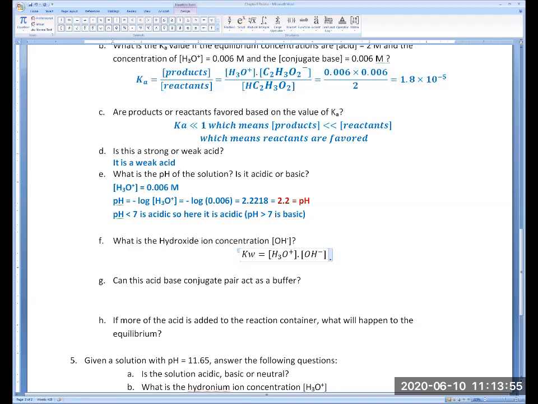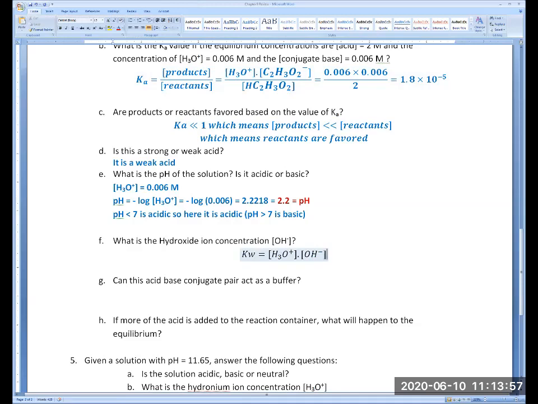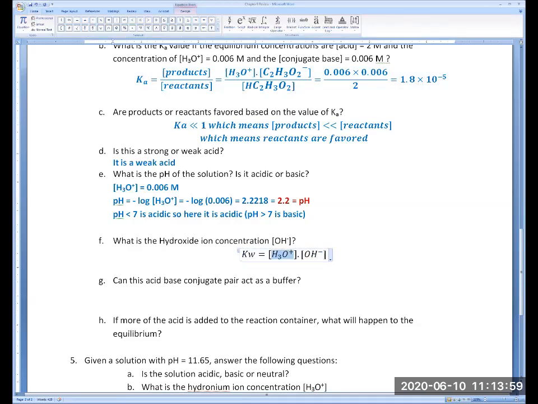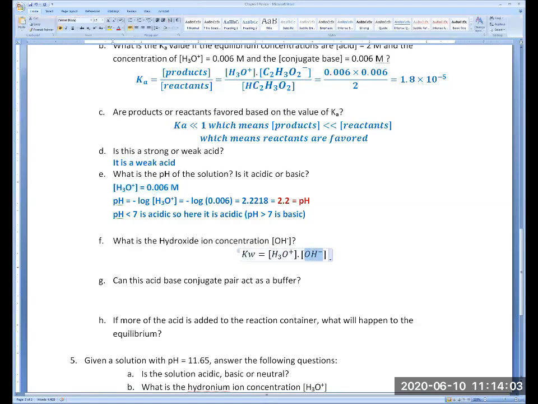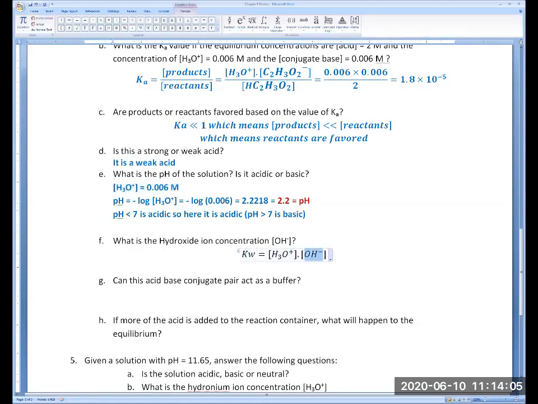But here we know H3O plus, we have it above, and we are looking for OH minus. So we need to change this formula such that the concentration of OH minus is by itself. For this, you want to divide both sides of the equal sign by H3O plus.